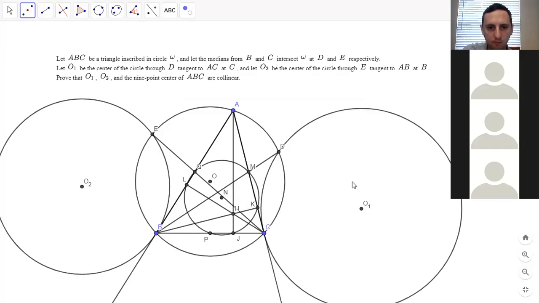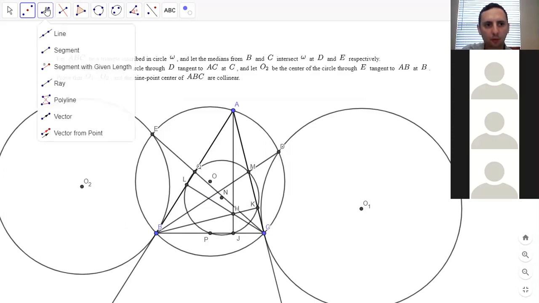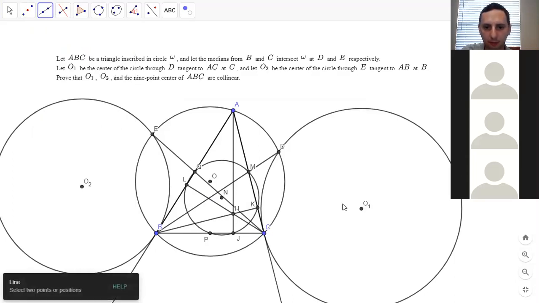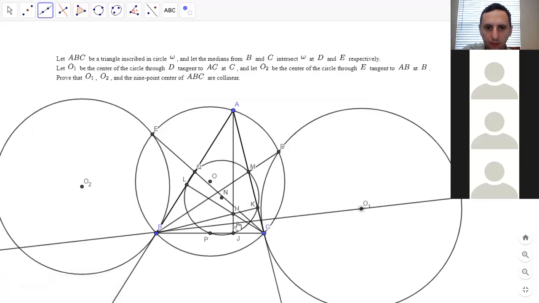So here's the thing. I think we must prove that EB is perpendicular to O1H, because O1O2 is perpendicular to EB, right? Wait, let me make sure. So did you say O1H?